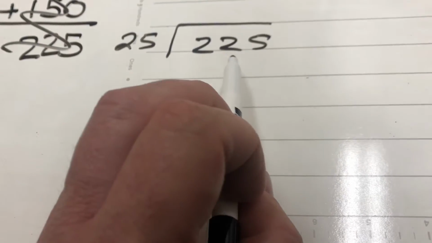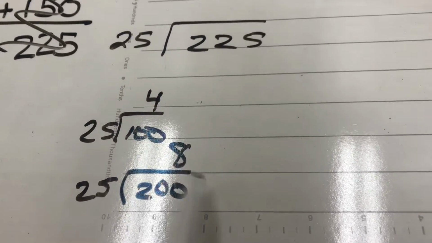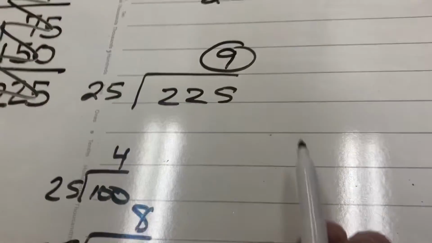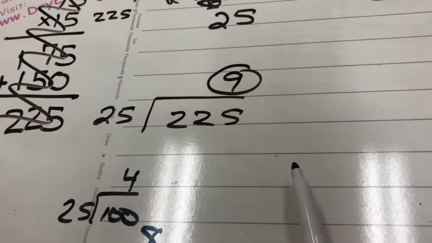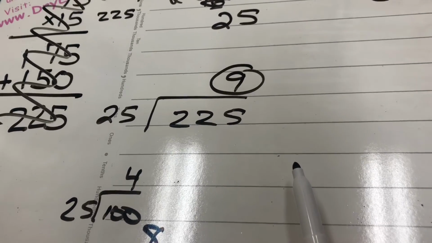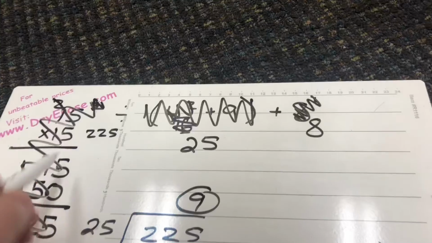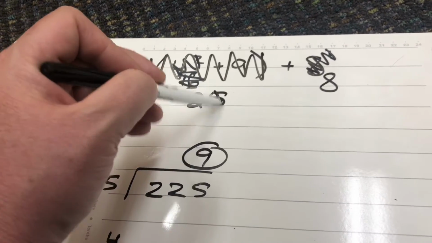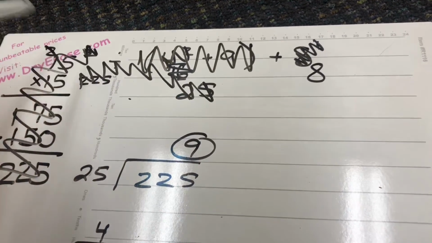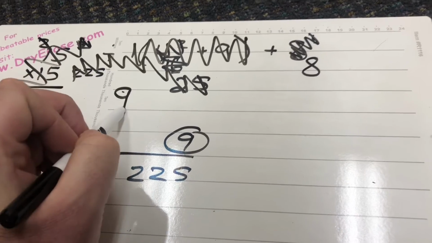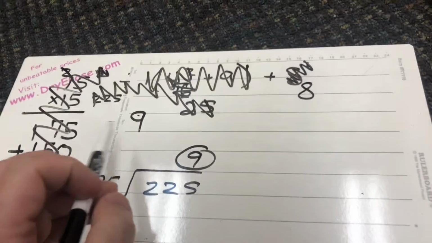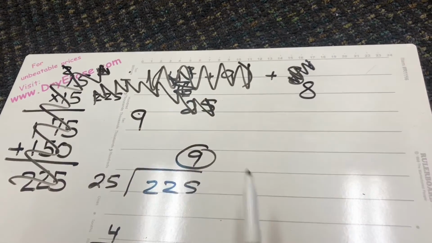But I'm going into 225, so I've got another group of 25. So that tells me that this answer is 9. And sure enough, if I were to do 25 times 9, I'd get 225. So I see 225 divided by 25 equals 9. That leaves me with 9 plus 8.